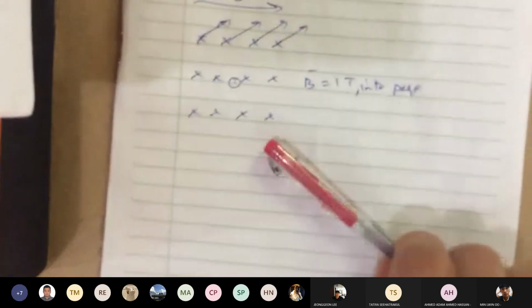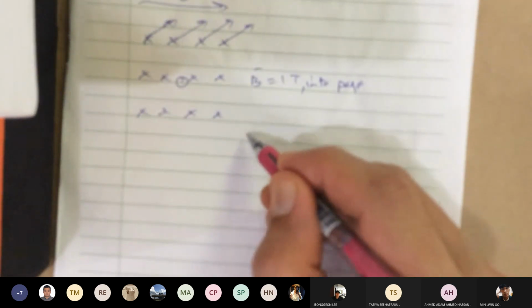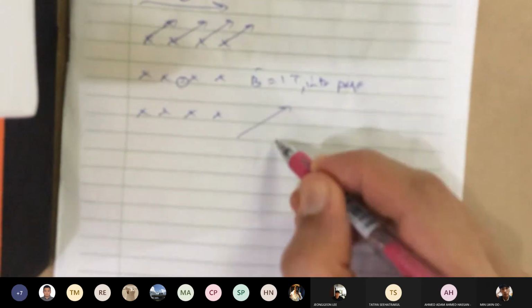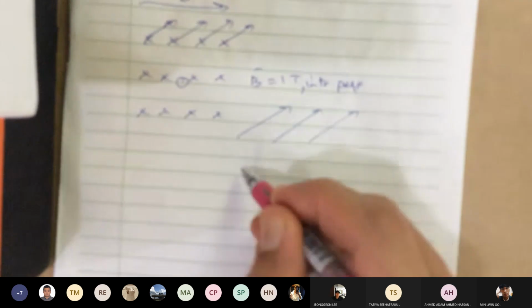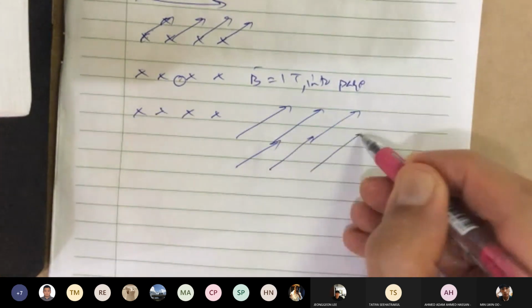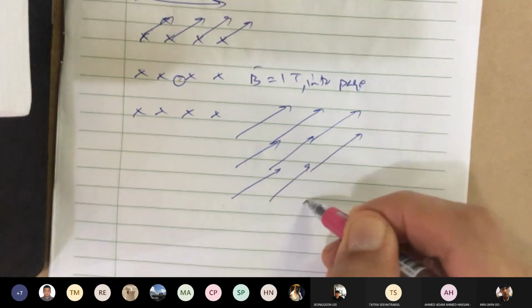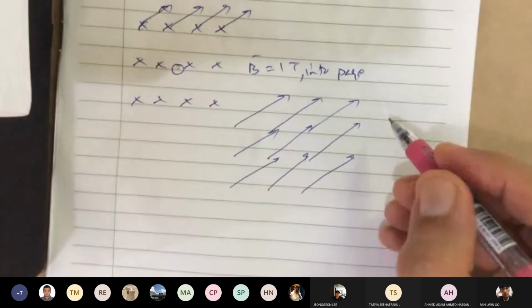So we want to draw this in a three-dimensional drawing. It's going to be something like this, kind of like that. Okay, a little bit difficult to see.